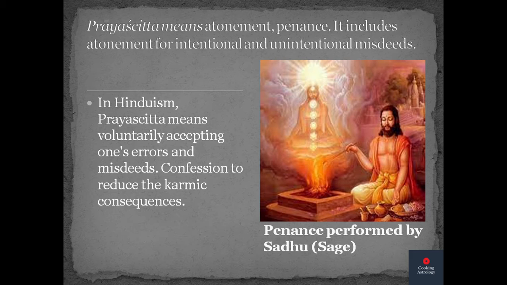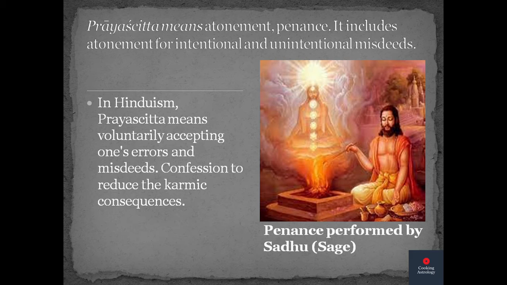Sometimes the misdeeds are intentional and sometimes they are unintentional. And it is very important for you to determine, using your own astrological birth chart and all the 7 planets, what are the misdeeds that are associated with your own birth chart?